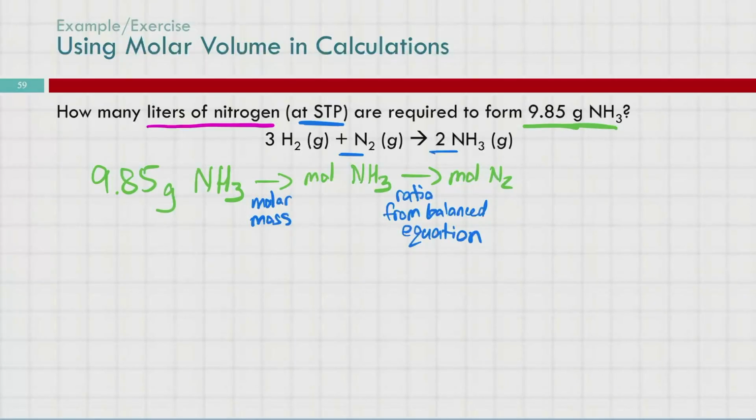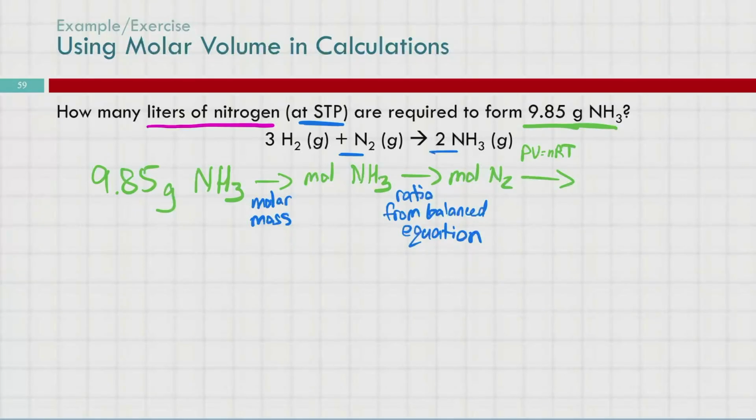And what can we do from moles of N2? We can plug it into PV equals nRT. That's one option.